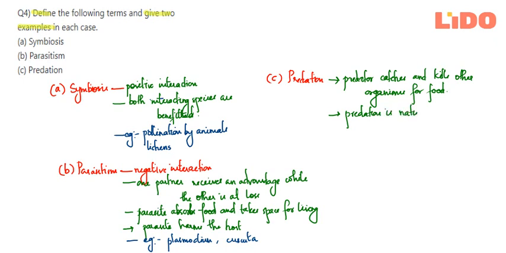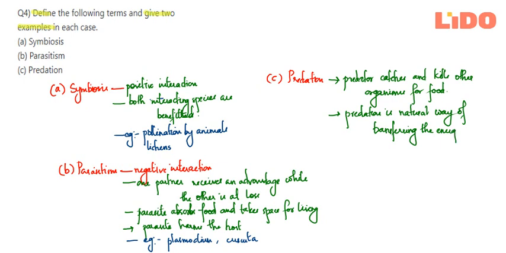Because it is a natural phenomenon. When the predation occurs, then only there is a control in the number of animals. So predation is a natural way of transferring energy.